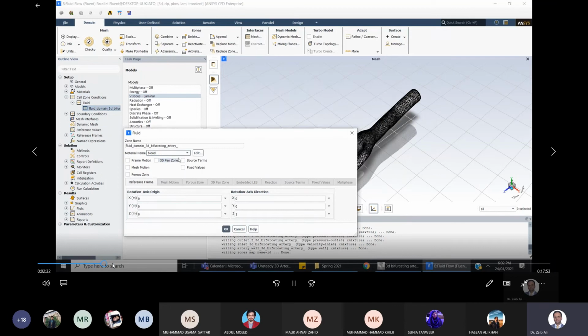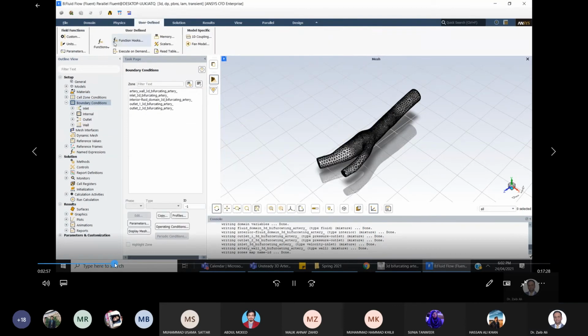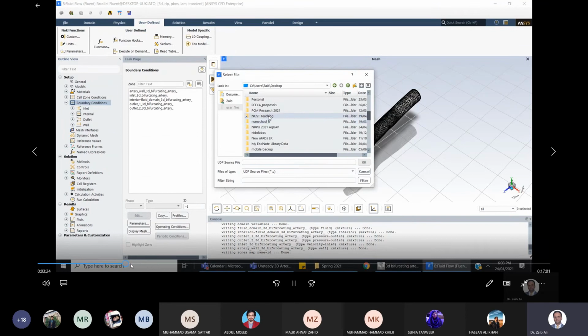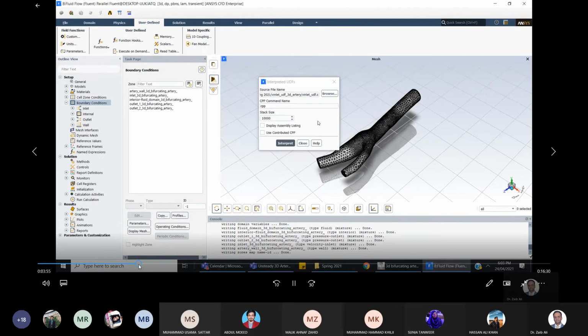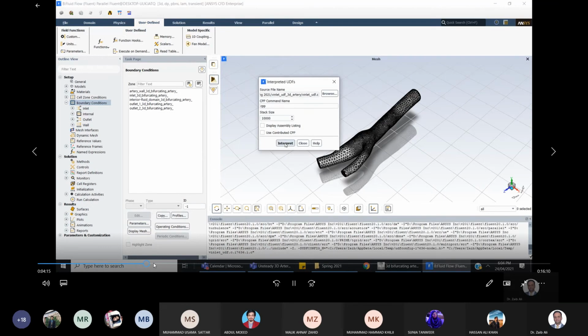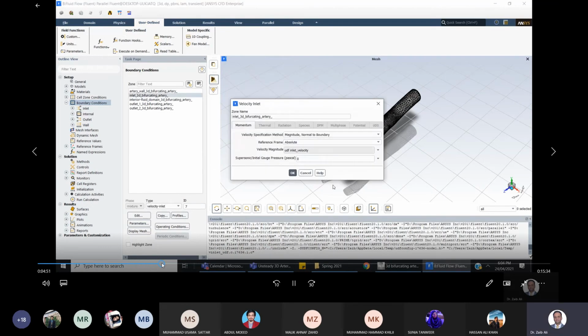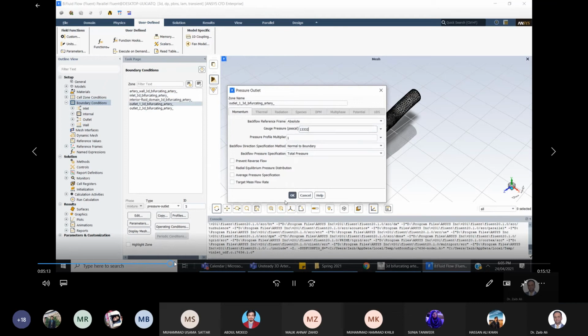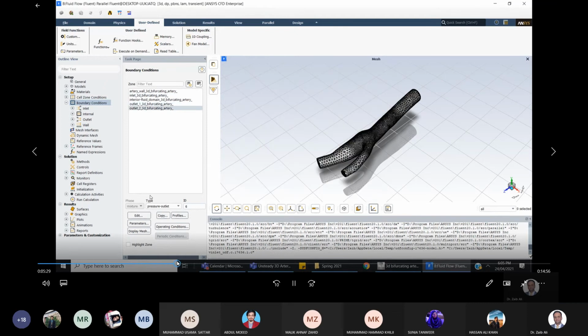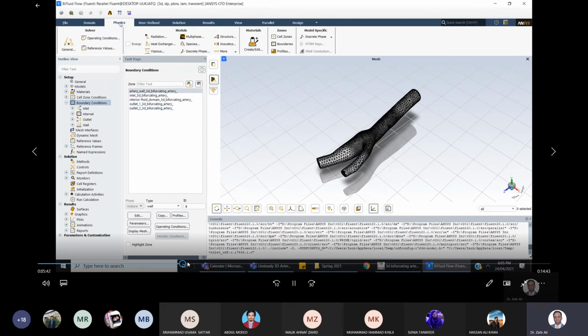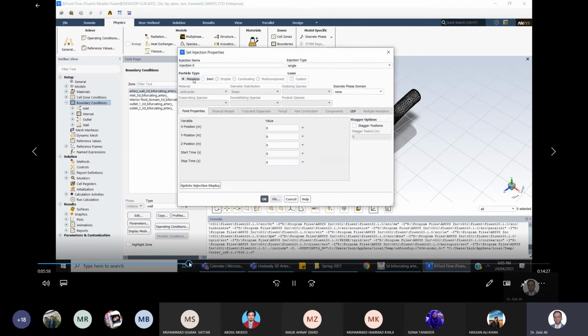Then there is a UDF based inlet velocity prescription. You can follow that as well. I just want to mention this is the usual boundary condition setup.